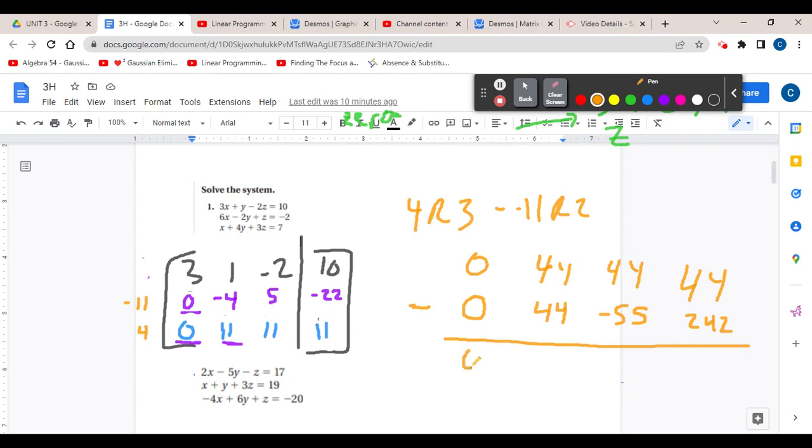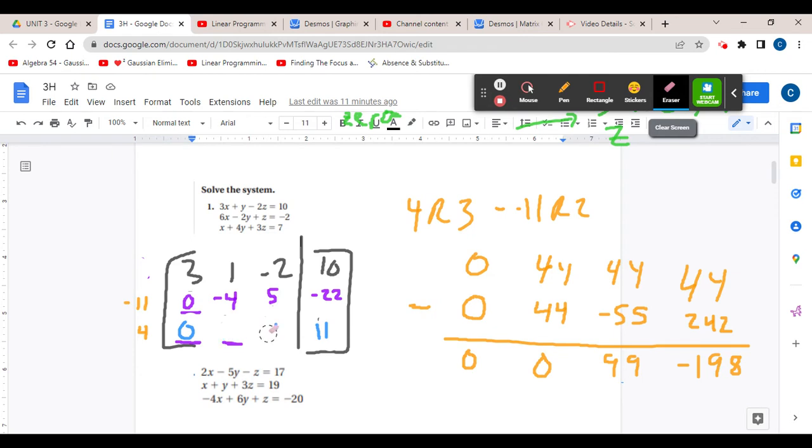And so now we have 0 still. 44 minus 44 is 0. 44 minus negative 55, which is 44 plus 55, is 99. And then 44 minus 242, which is negative 198. So this will replace our row 3.